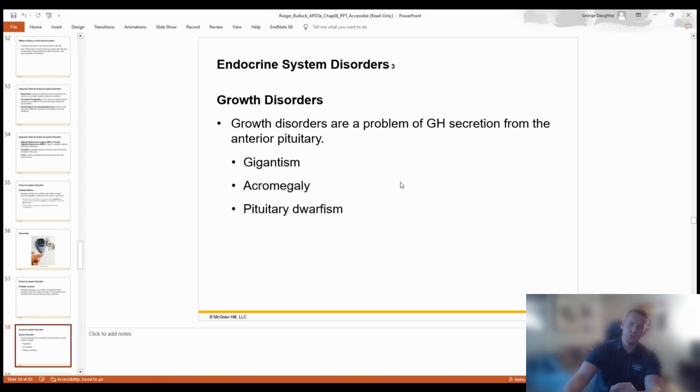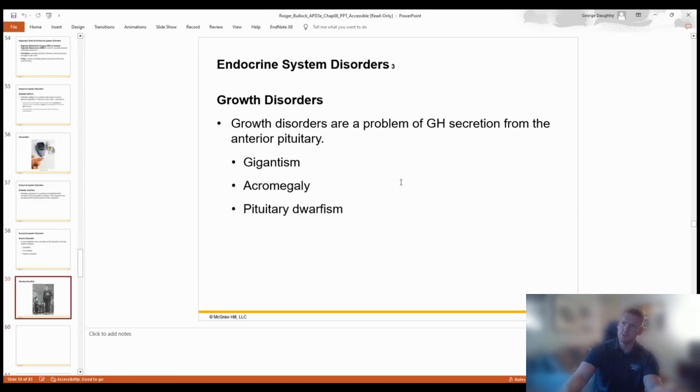Okay. And I do want you to be familiar with a few growth disorders that are directly associated with endocrine system dysfunction: gigantism, acromegaly, and pituitary dwarfism. All of these things have the same causality, and that is too much growth hormone is being produced or not enough growth hormone is being produced.